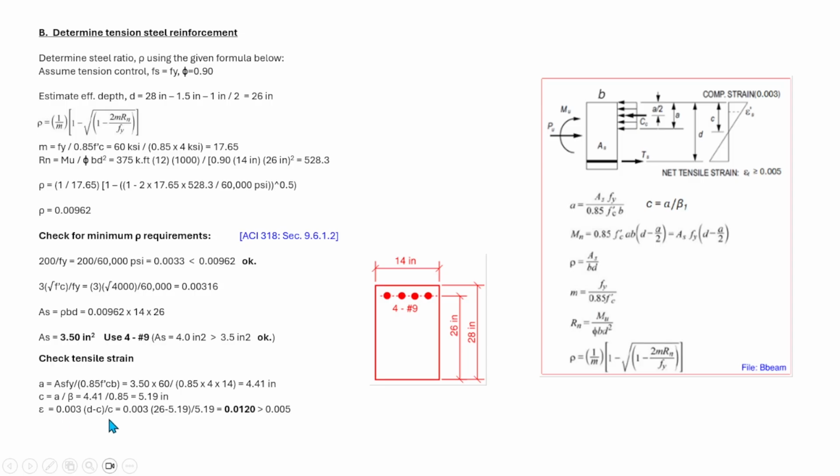To simplify, we come up with this equation, which is 0.003 times d minus c all over c, which is equal to 0.003, the strain of concrete, times 26 minus 5.19 over 5.19, which is equal to 0.012, and that is greater than 0.005. This means our steel reinforcement has yielded, or is tension-controlled. So our assumption of using Fy and phi equal to 0.9 is valid.